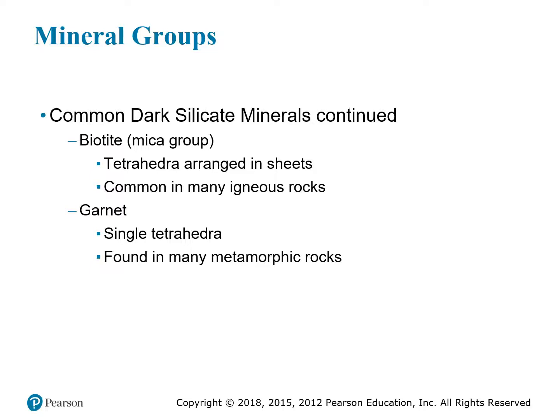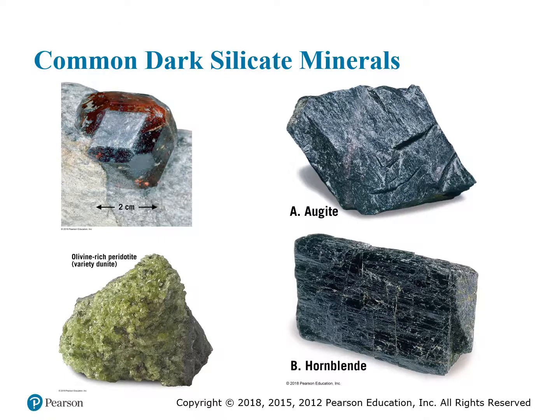So something has happened to some other type of rock, it has been changed under heat and pressure, and garnet is the result. And here are some examples of some dark silicate minerals. The one on the top of the slide is called augite, and at the bottom is hornblende, which is typically found in granites, but in very small quantities.